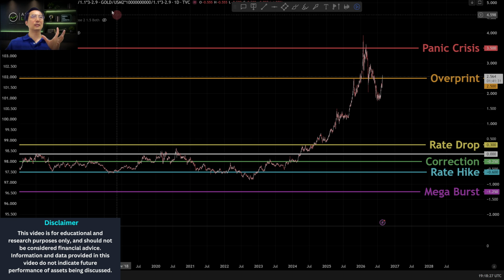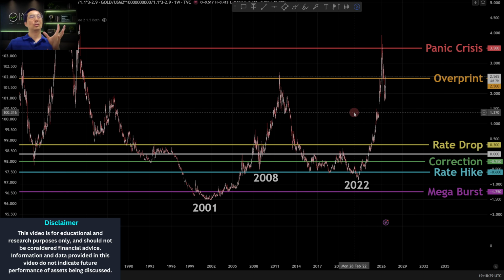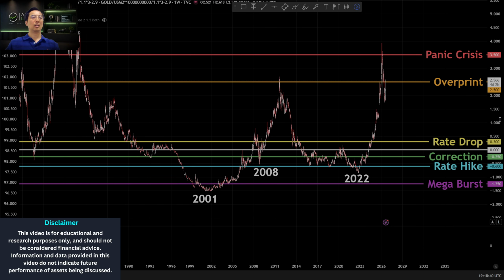Because if we don't look at this, and just look at the nominal price of gold, we will say, oh, it's basically keep going up. How do we know if it's at the higher range of the historical average, or is it at a reasonable level?